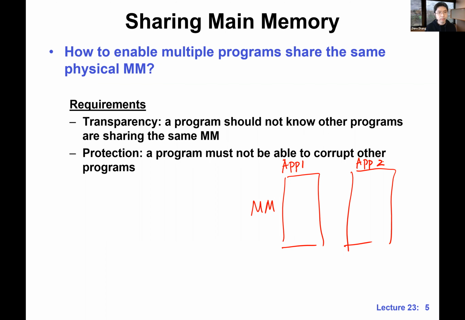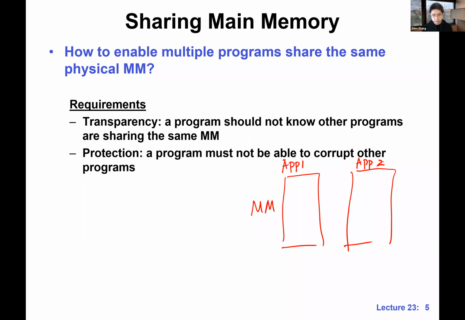Let's say app 1 is some social app like Snapchat, and app 2 is CMS, the courseware. Since they are not supposed to be aware of other programs, they should have the identical view of the main memory. They should not be aware of whether they own this part of memory or that part. They should not care.